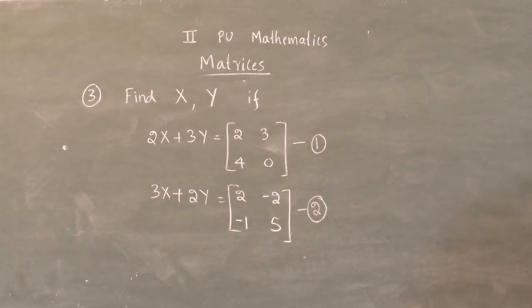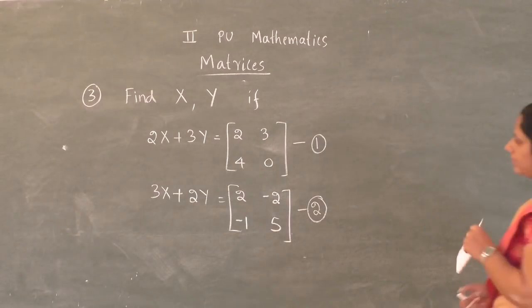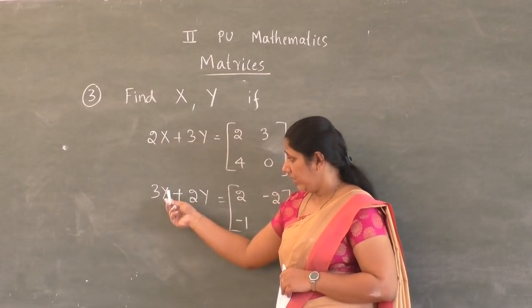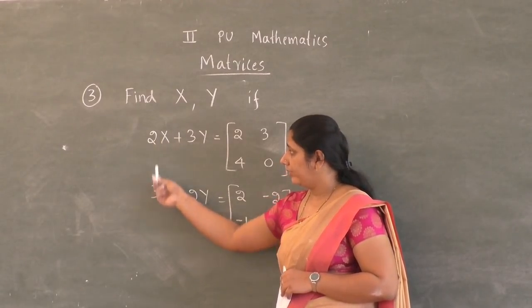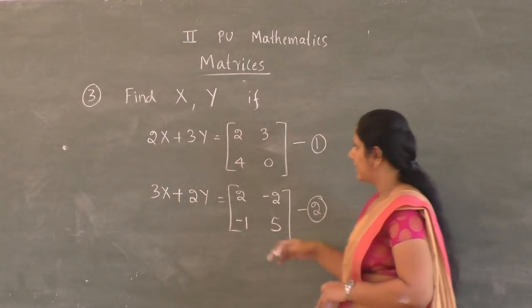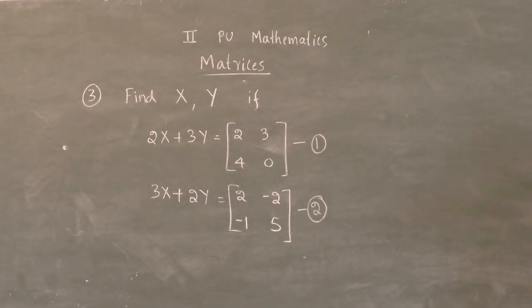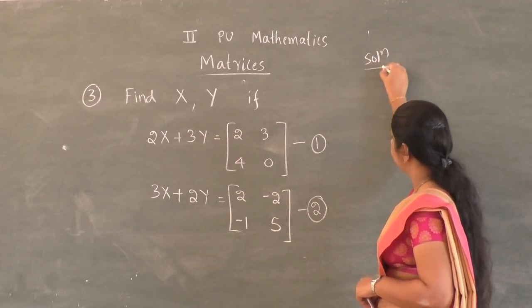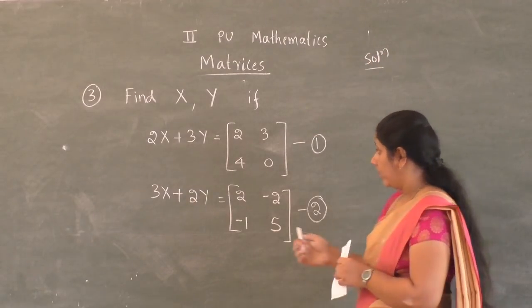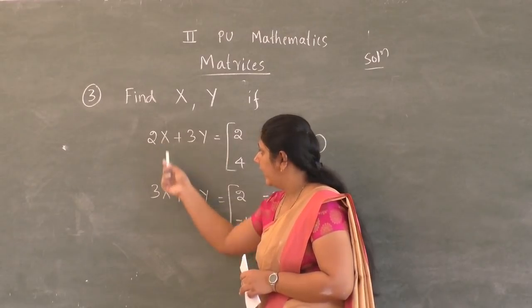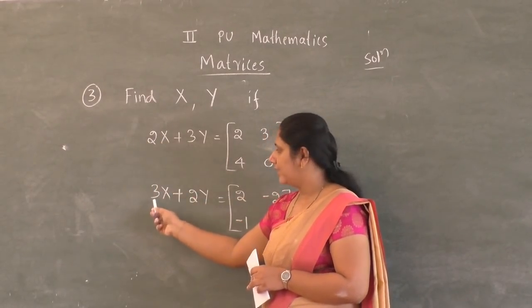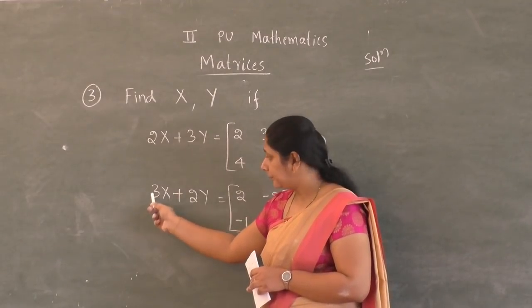In a normal linear equation, we solve the given equations by changing the order, making the coefficient of x the same. In the same way, here also we are doing the same thing. So the solution is, now we have to change the coefficient of x. Here the coefficient of x is 2, whereas here the coefficient of x is 3.